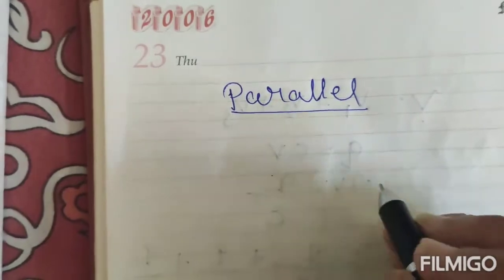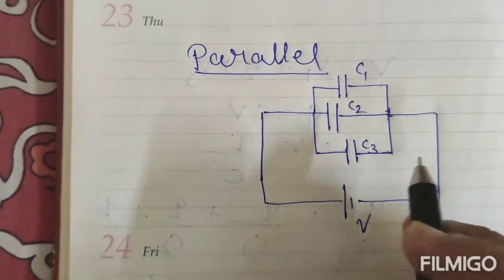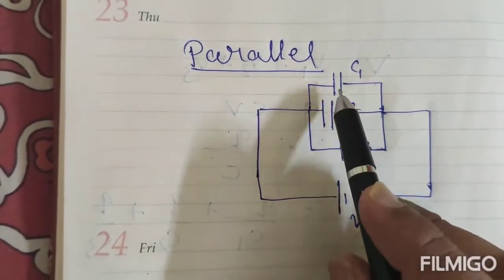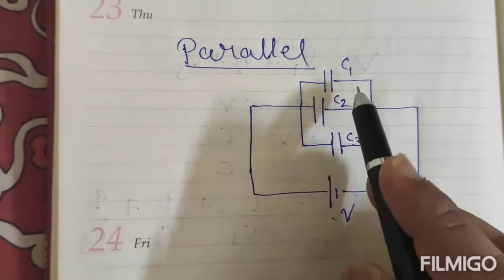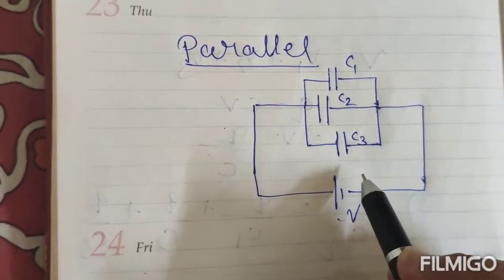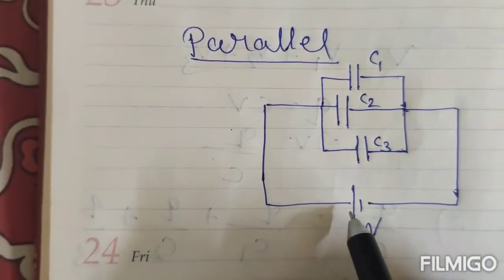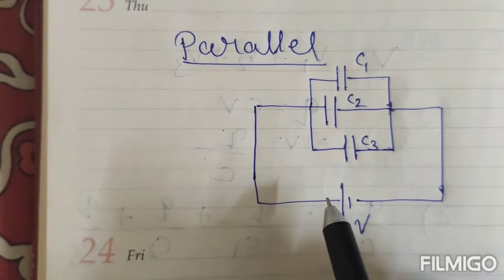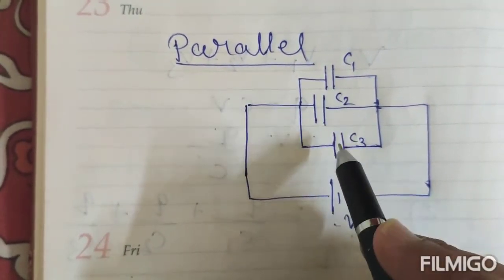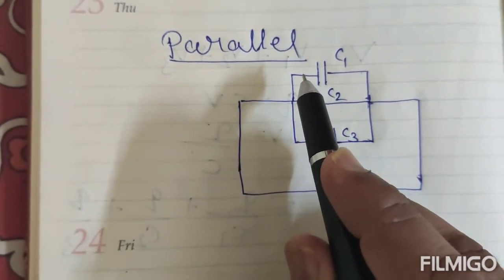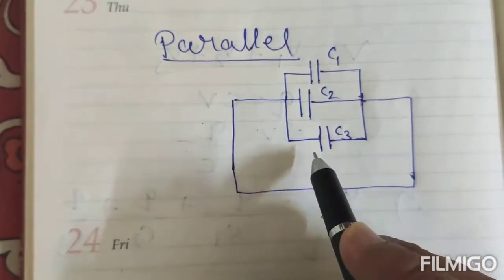Now let us go for the parallel connection. This is the diagram of a parallel connection. These are all connected in parallel, and this is my voltage supply with capacitors C1, C2, C3. Now check what a parallel connection is.